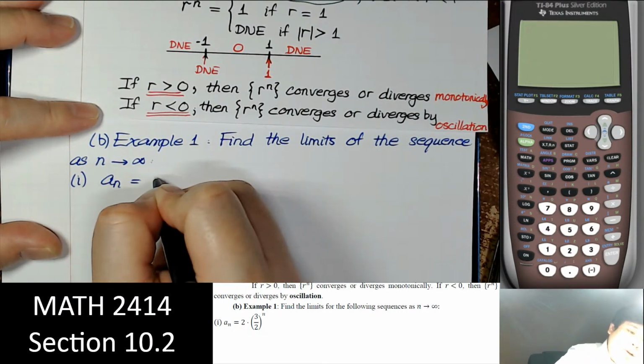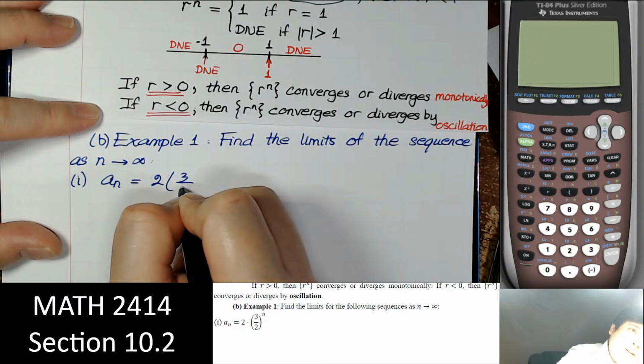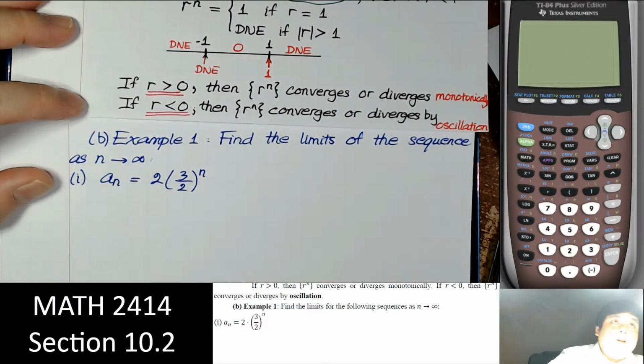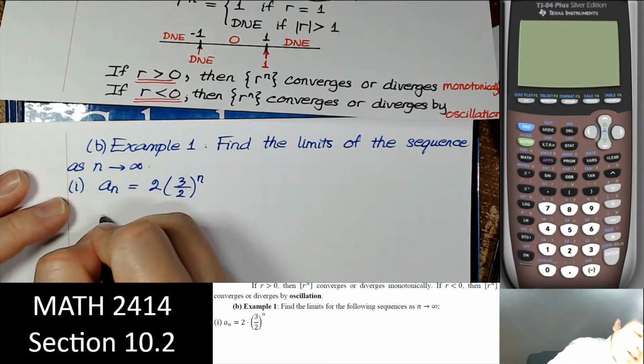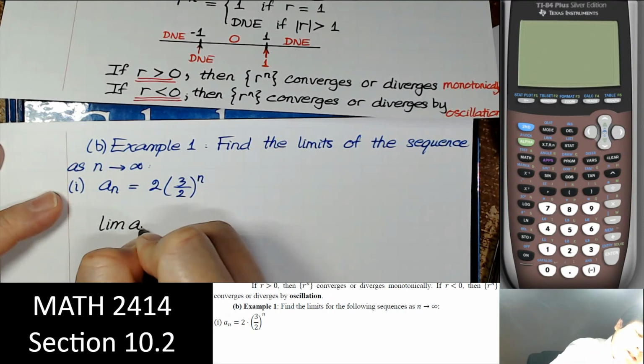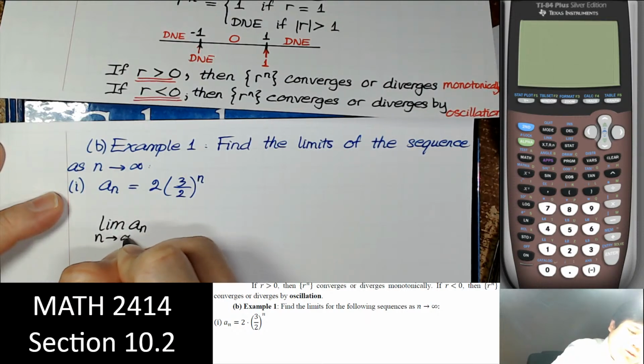What if we have the term equal to 2 times (3/2) to the n power? Right, so what is the limit of a sub n as n goes to infinity?